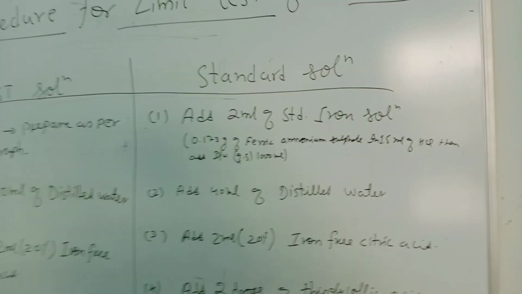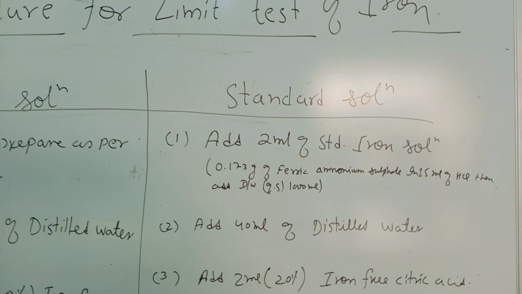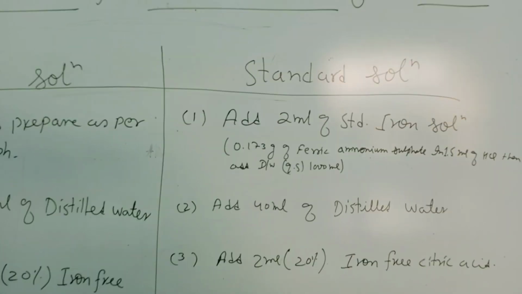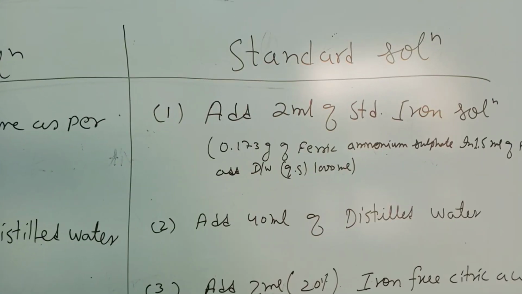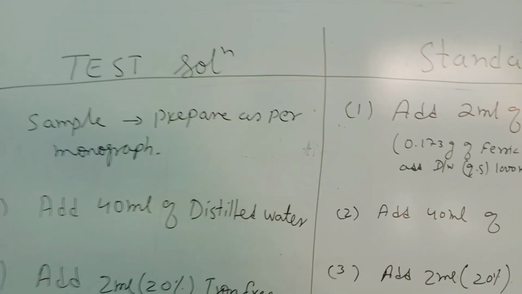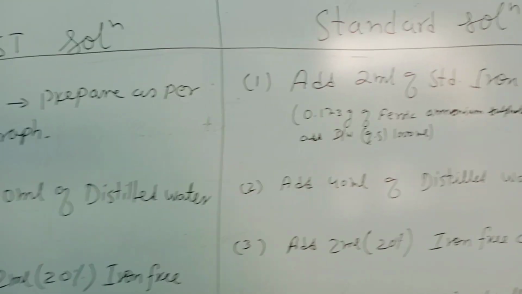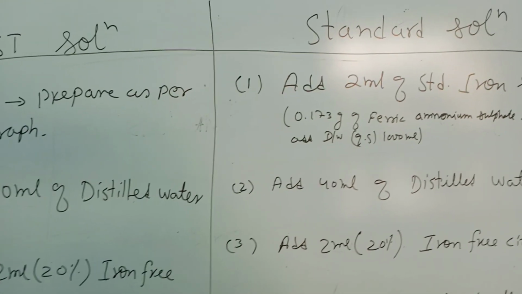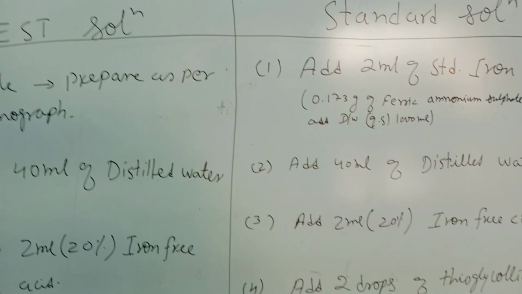So this is how a standard solution is prepared, and the color produced by the standard solution is then compared with the test solution in order to determine the overall outcome for the limit test of iron.